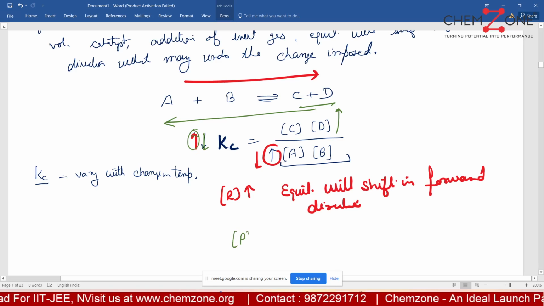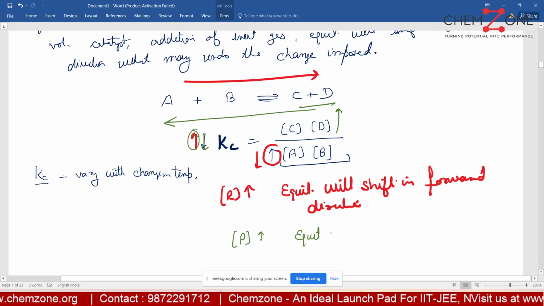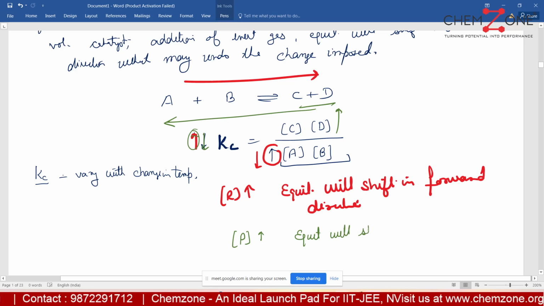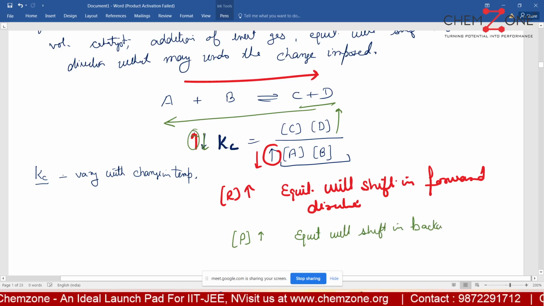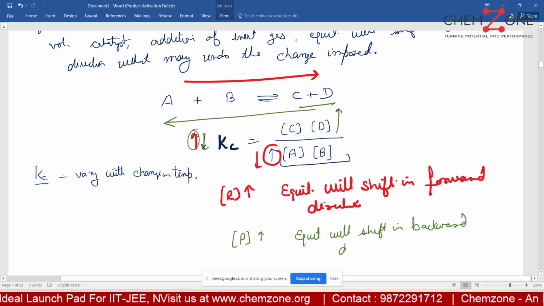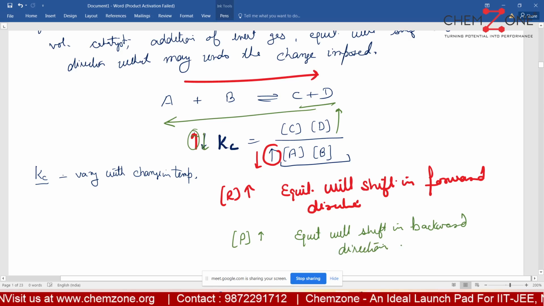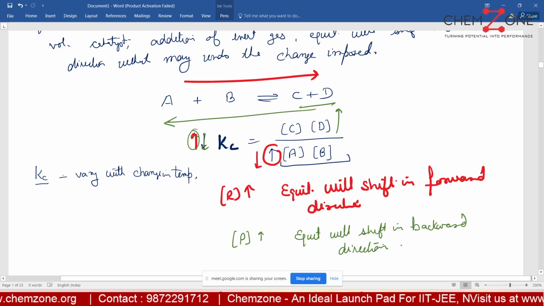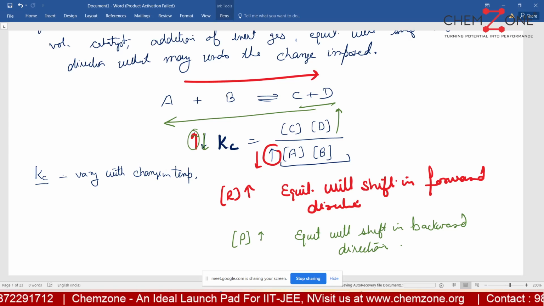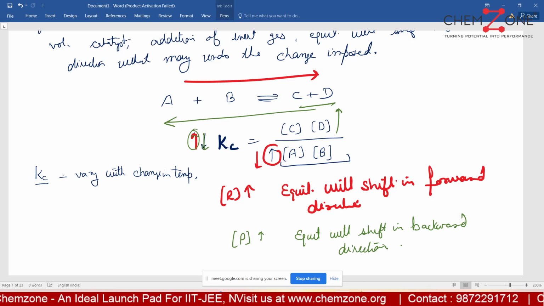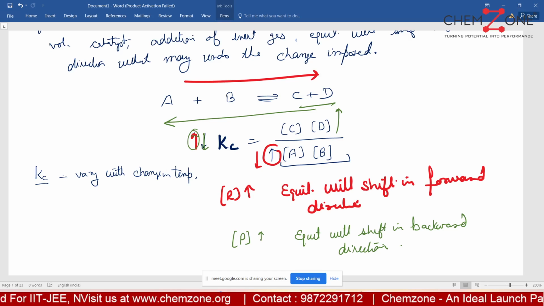It means if you increase the concentration of the products, this equilibrium will shift in the backward direction. Am I clear? Kc should remain the same. If it is changing, it is only mathematically. It will move in that direction which may undo the change imposed.